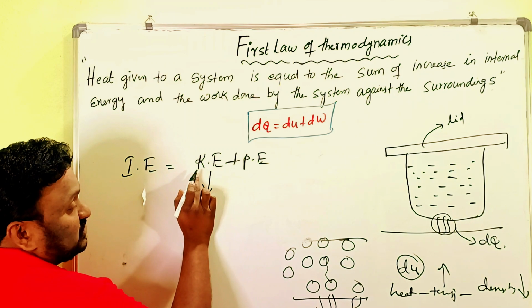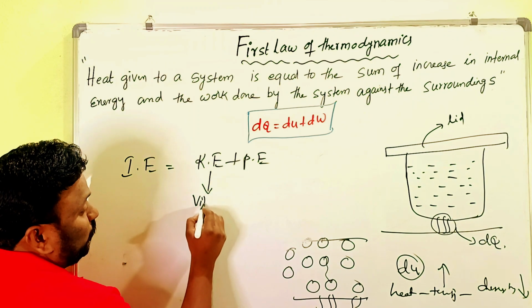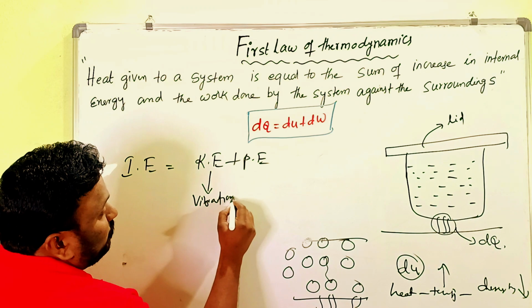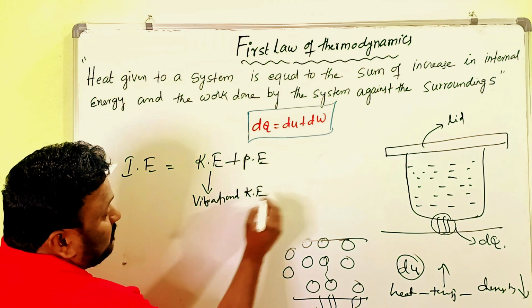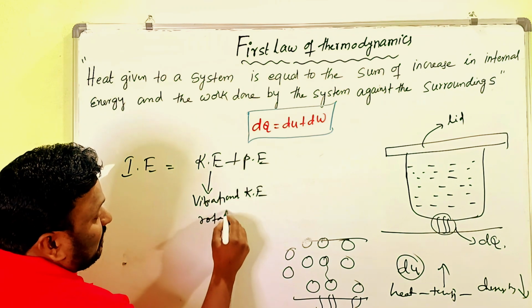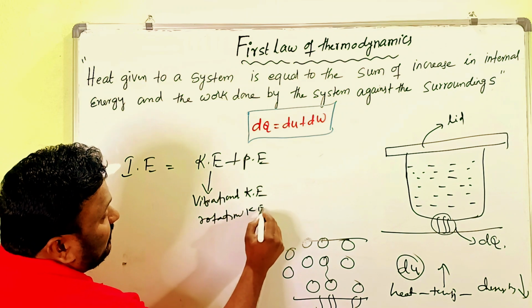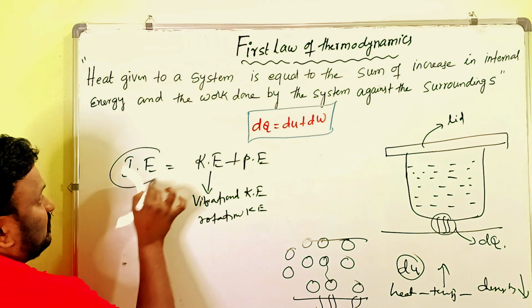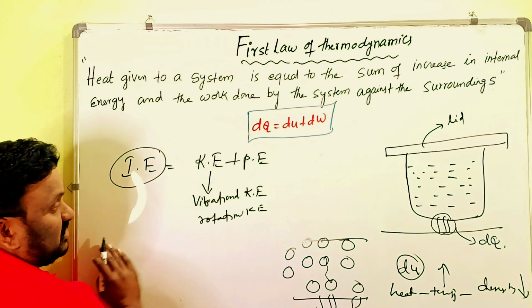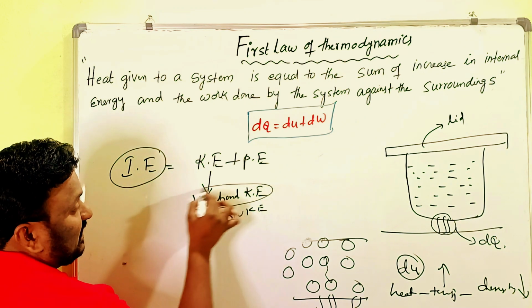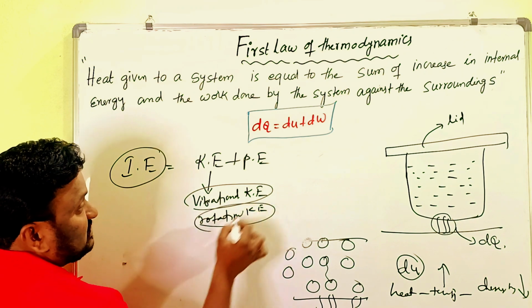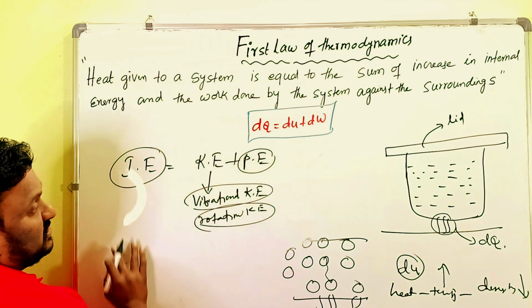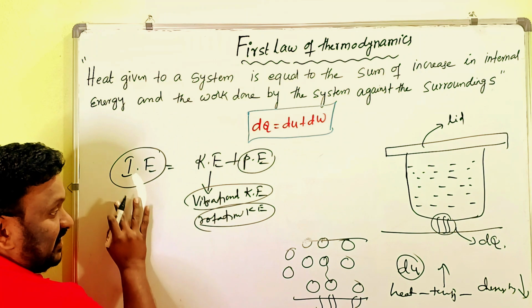That kinetic energy is classified as vibrational kinetic energy and rotational kinetic energy. What we call internal energy is the sum of vibrational kinetic energy, rotational kinetic energy, and potential energy.